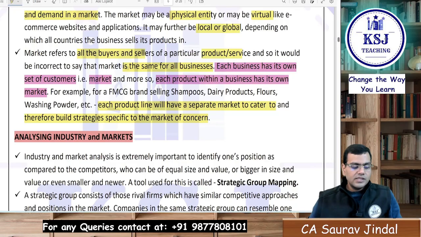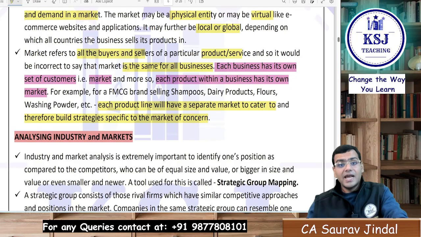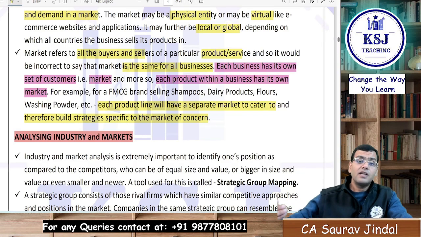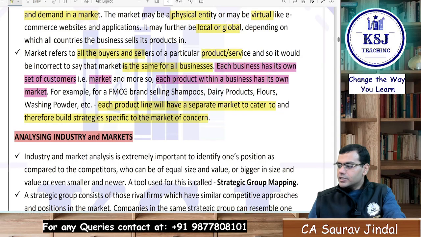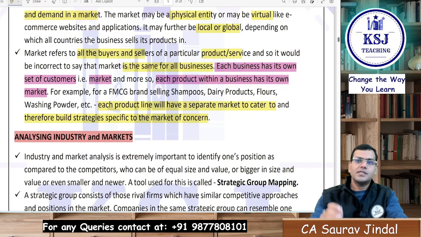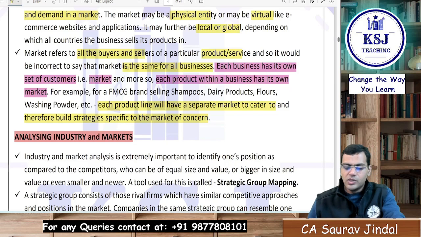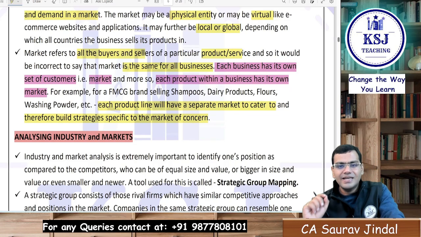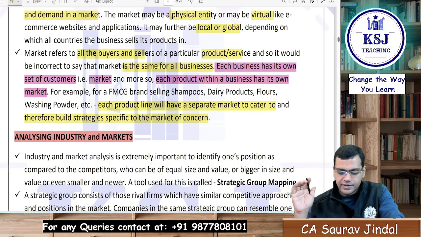Every product is asking for a different strategy because of having a different market. Having a different market means having a different set of buyers and sellers, right? The demand of the buyers will be different for the different products. So basically we can say that every product in itself is a separate market, right?